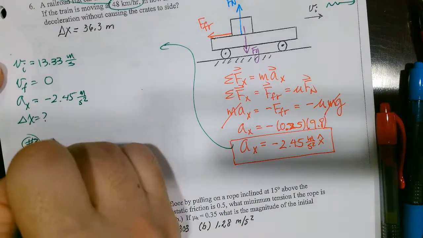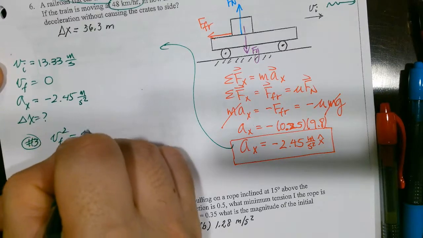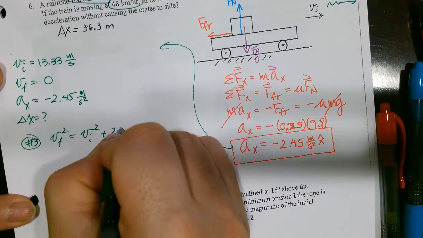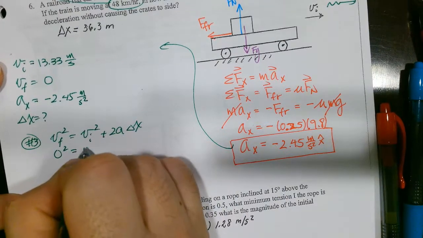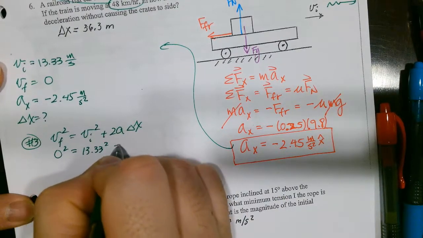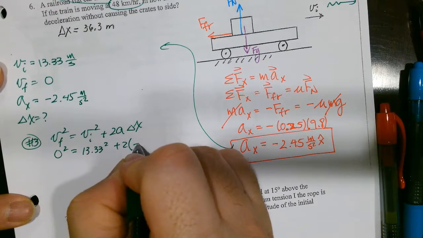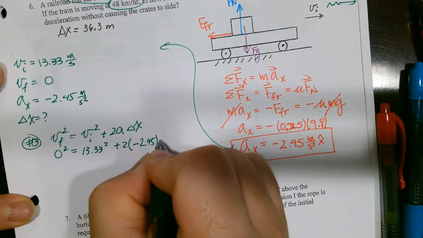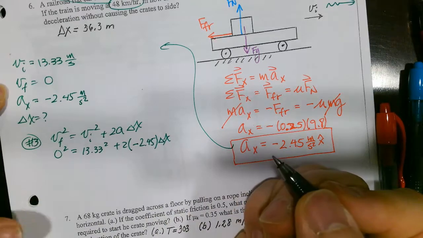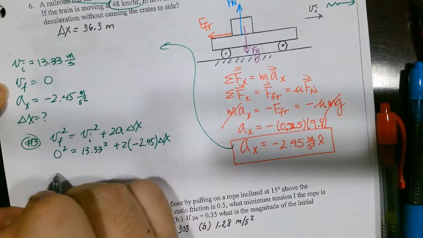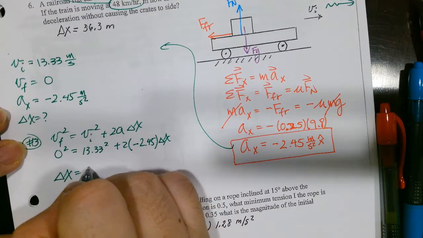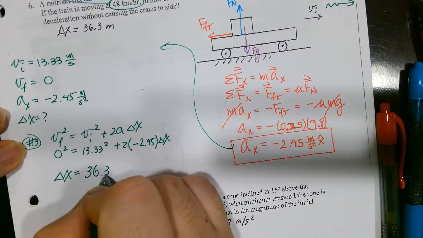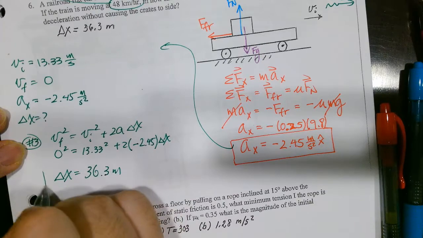So Vf squared is equal to Vi squared plus 2a delta x. 0 squared is equal to 13.33 squared plus 2 times negative 2.45 times delta x. So my delta x should come out to 36.3 meters.